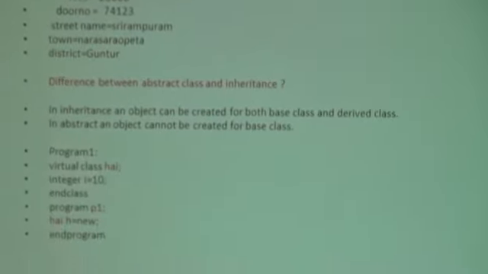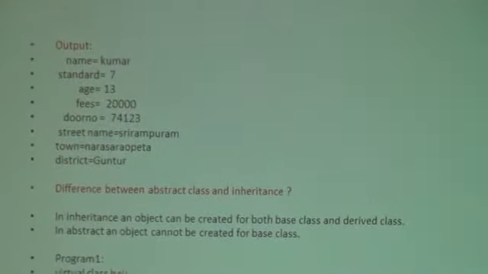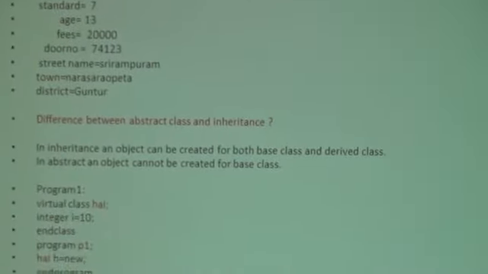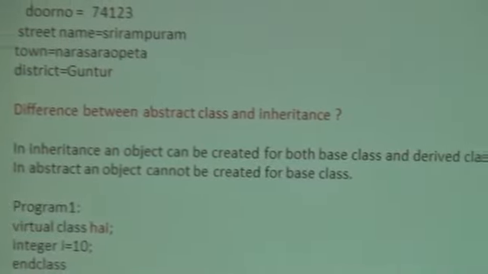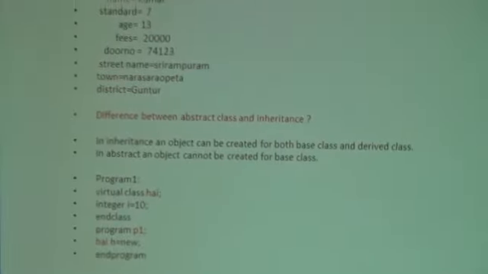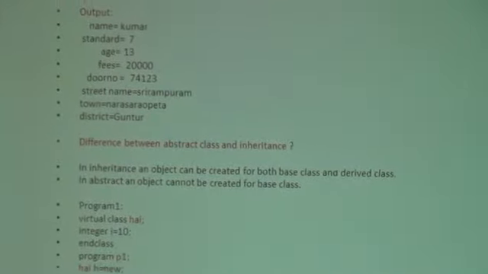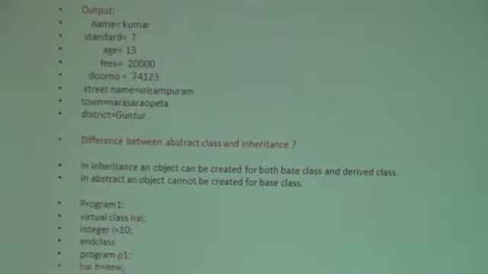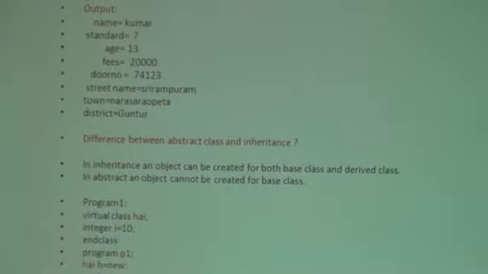We have a doubt here, because instead of creating an abstract class, I can use inheritance. The difference between abstract class and inheritance is, in inheritance an object can be created for both the base class and the derived class, whereas in an abstract class an object can be created for only the derived class. See, if we have defined some characteristics in the superclass and we access them in the derived class using the extend keyword, then what is the difference between abstract class and inheritance?